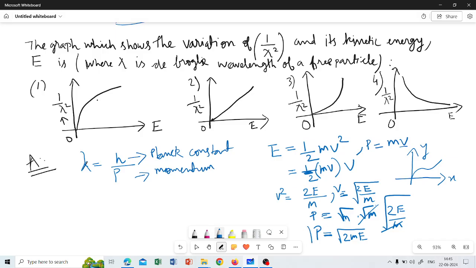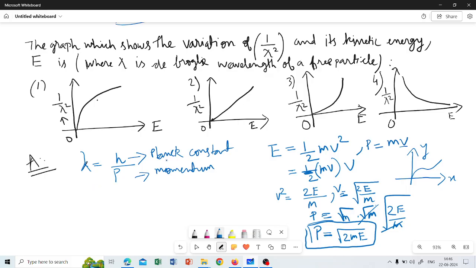Many of you may already know this directly, but I am showing the derivation on how to do it in case you don't, because the focus should be to learn the concept, try to remember as little as possible, and solve the questions as fast as possible.